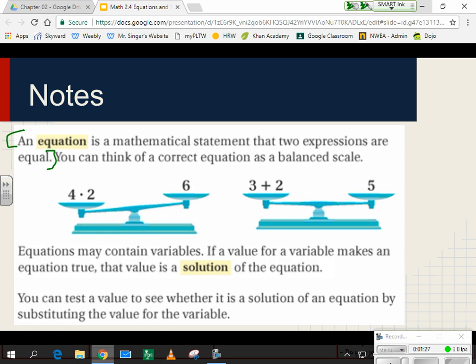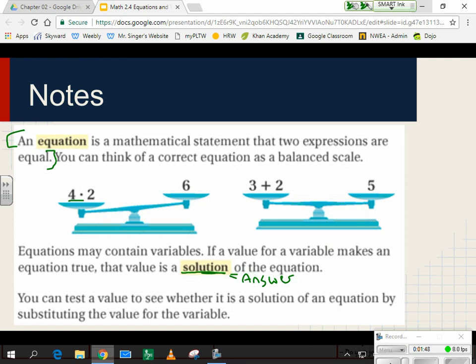As we work through equations, we're going to be trying to have a value that is a solution. A solution here is basically an answer. Okay, it's being solved. So if we look at our balance scales here before we move on, the one thing you'll notice is that the one on the left looks like it's unbalanced.